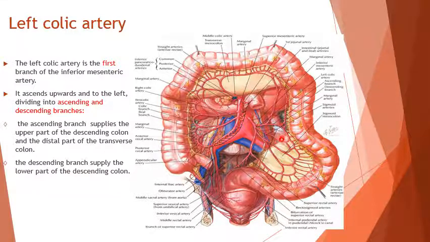These are the sigmoid arteries; they may be 2 to 4 in number. The descending branch anastomoses with the highest of the sigmoid arteries. So this is the left colic artery.